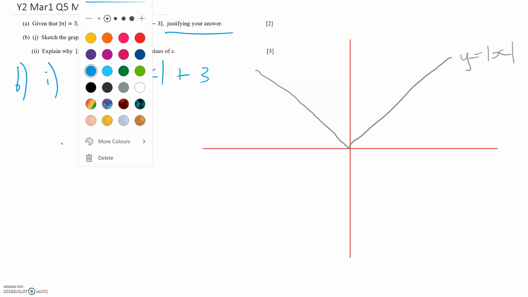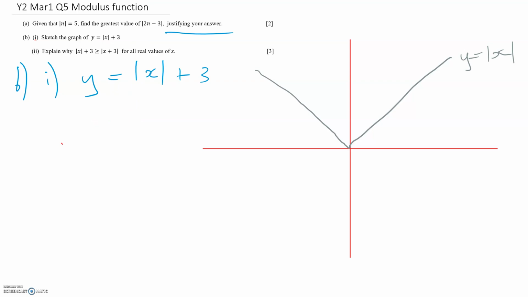So if we move this graph up 3 units, it's going to look something like this. We really should use a ruler for this, but I think you get the idea. That would be plus 3 there.